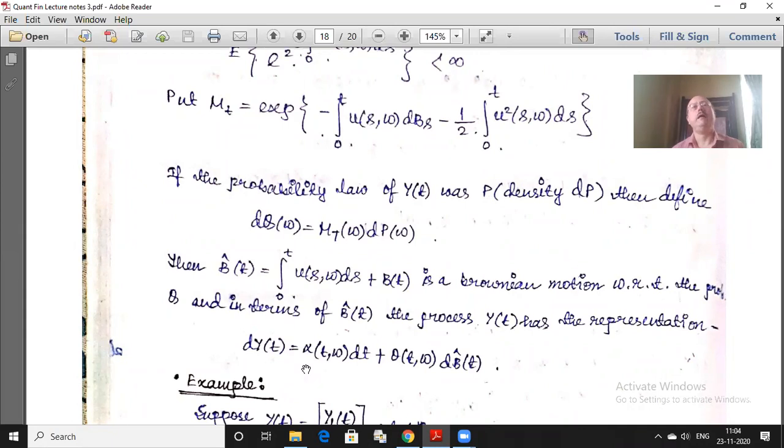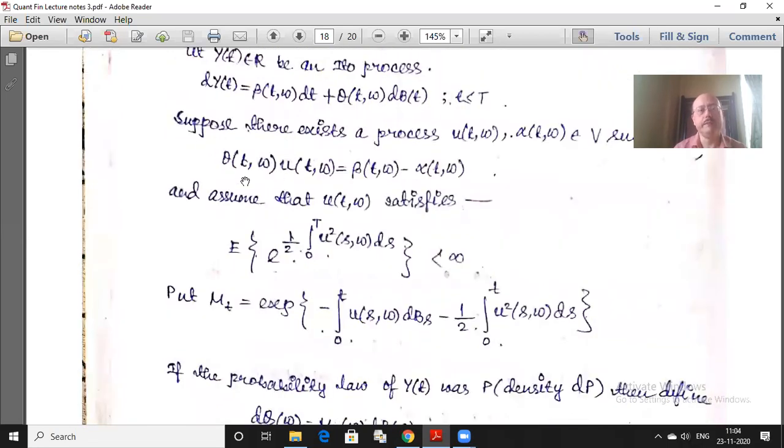What happens is, I wanted to transform the trend and the diffusion. This is what we do for standard normal. We start with a normal mu sigma square, and our target would be normal 0, 1. But in general, I can always do it in a different manner. I can go from normal mu sigma to normal mu 1 sigma 1. This is what this Girsanov theorem is about. I can change the trend and the volatility coefficient, of course satisfying this relationship. It cannot be inconsistent.